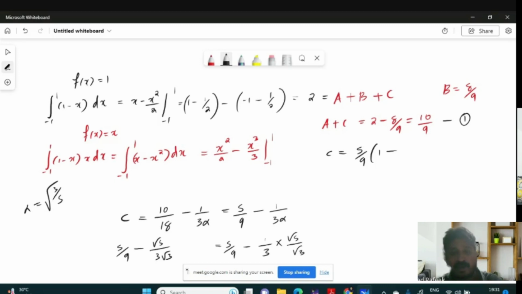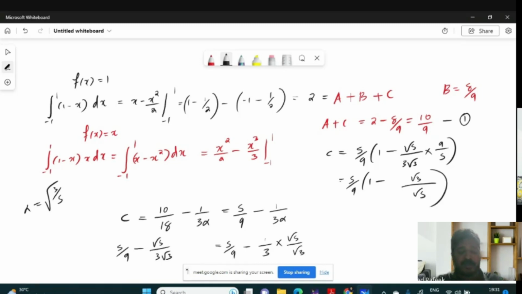Already you have root 5, 3 root 3. 5 by 9 you have taken as a common, so you should multiply with 9 by 5. So 5 by 9, 1 minus root 5, 5 cancel. 3, 3 cancel. So finally you have root 3 only. Root 5 cancel, 9 and 3 root 3 cancel because of root 3. Root 5. 5 by 9 into 1 minus root 3 by root 5.